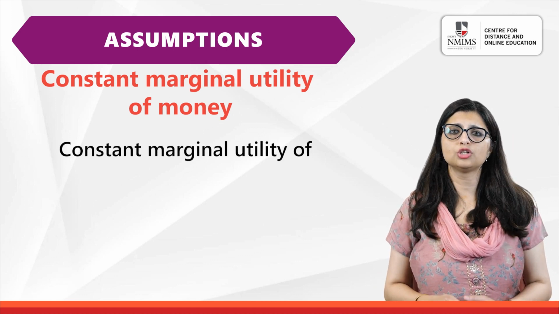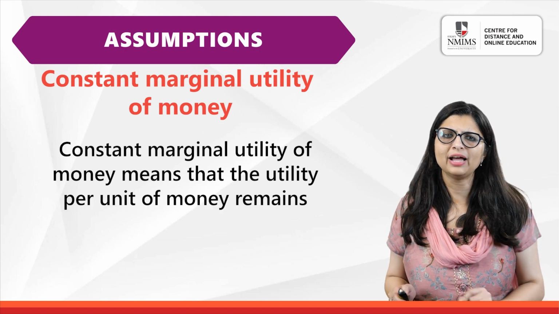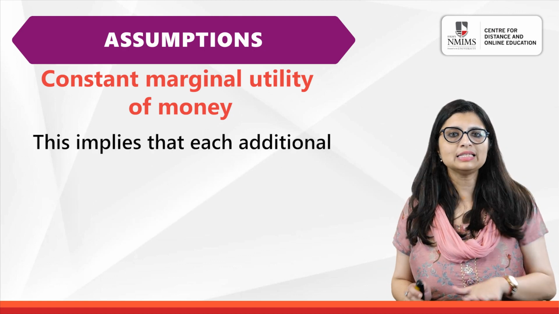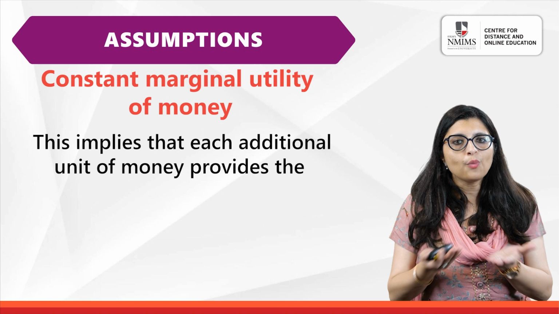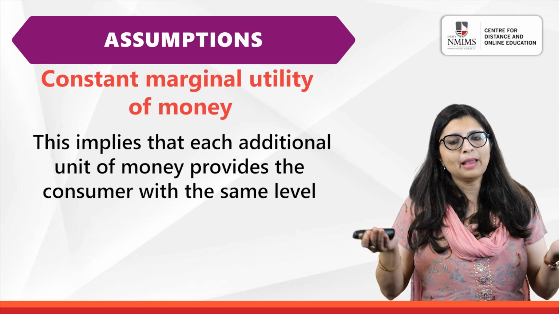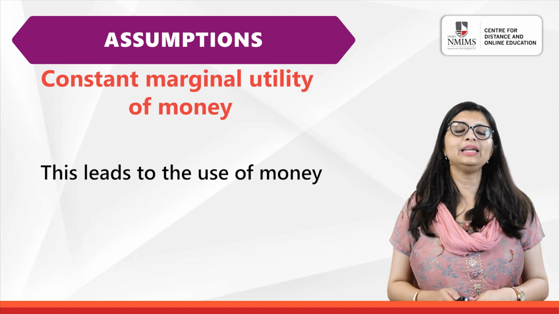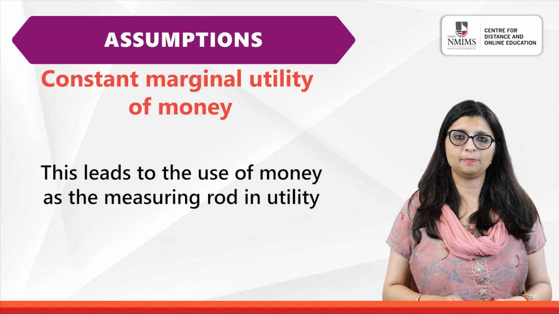Constant marginal utility of money means that utility per unit of money remains unchanged for a consumer. This implies that each additional unit of money provides a consumer with the same level of satisfaction. This leads to the use of money as a measuring rod in utility services.